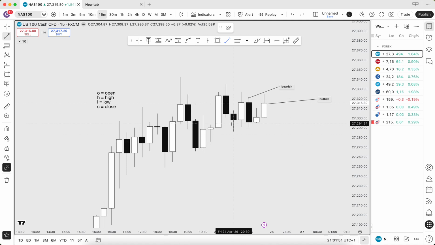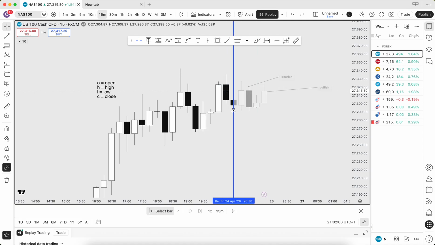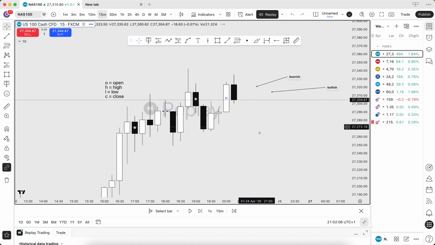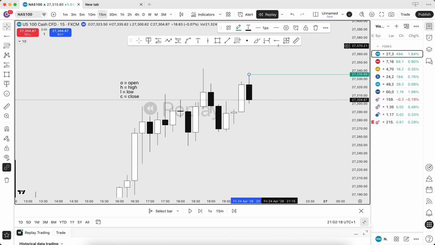By the name alone, you know what high and low mean. When we talk about high and low, this thing is high and this thing is low.